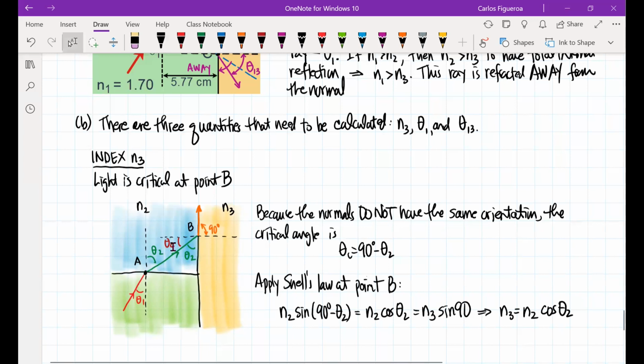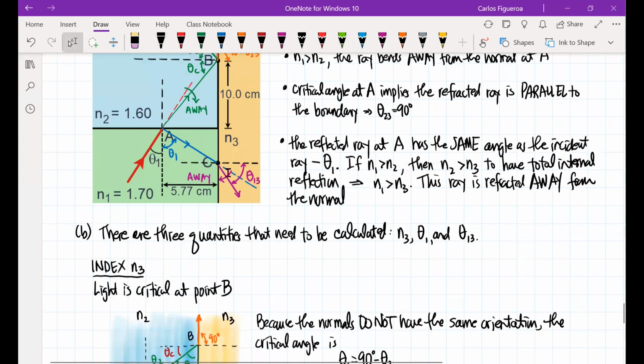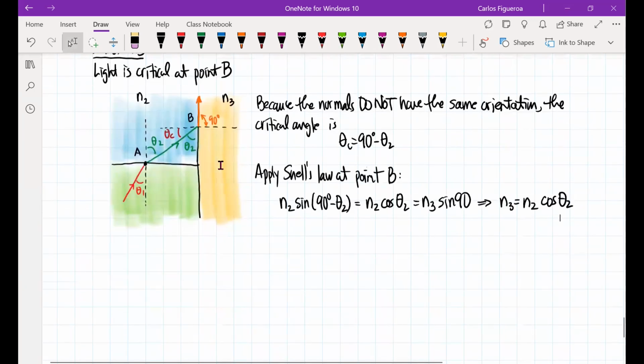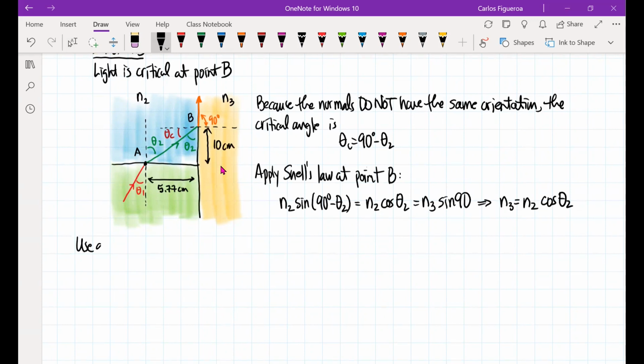So here we go. Now note that if you look at this thing, note that we know two sides of a triangle. So let's go back and look at this thing here. So what this is telling us is that we have two dimensions. We know that this dimension right here, this is 5.77 centimeters, and then this distance here is 10 centimeters. So what I'm going to do here is that I'm going to use geometry to calculate theta 2.